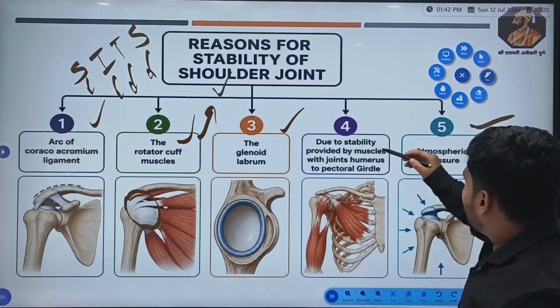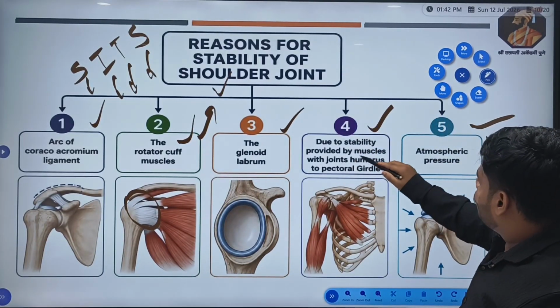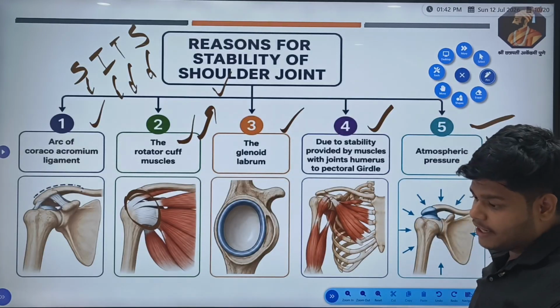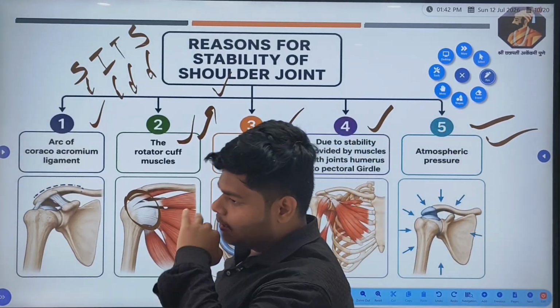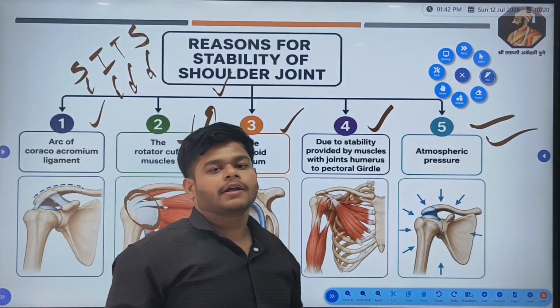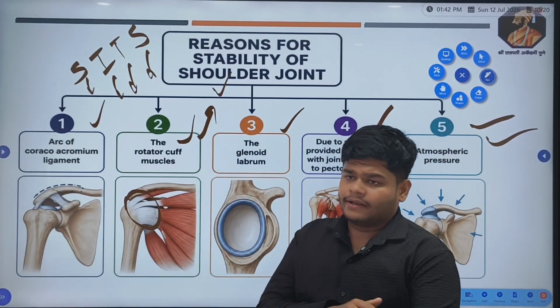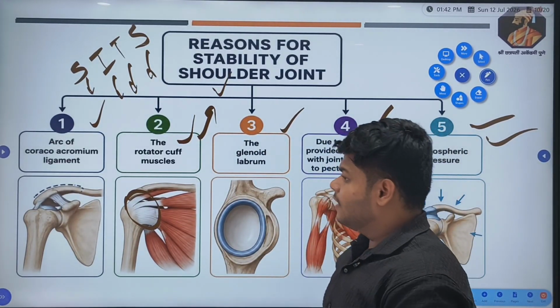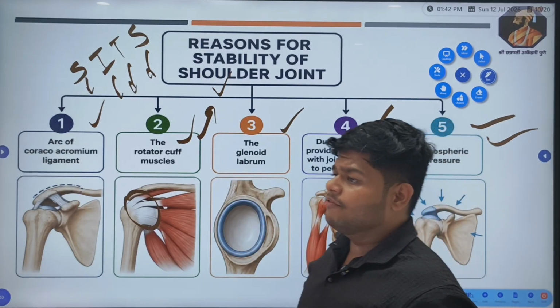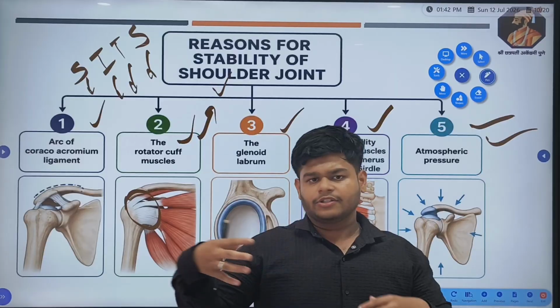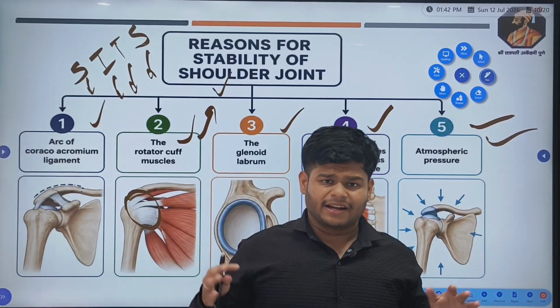Okay. Now the fourth one is the stability provided by the muscles which join the humerus to the pectoral girdle. Now here the term pectoral girdle comes. What is meant by girdle? Anything which joins the appendicular skeleton with the axial skeleton, meaning the main trunk joined to the hand, is called a girdle.